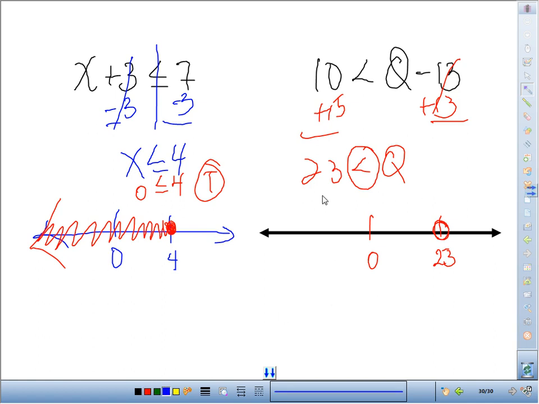And check this out, I'm going to test this. Which number do you want to test, 0 or any number on this side? Okay, I'm going to test 0, very good. So 23 less than, instead of q, I'm going to substitute 0. It's 23 less than 0. No. So if it doesn't work with one of these over here, that means all of these are not solutions, which means the solutions are on that side.